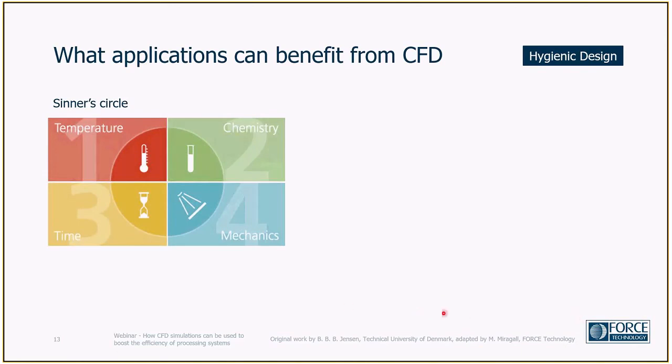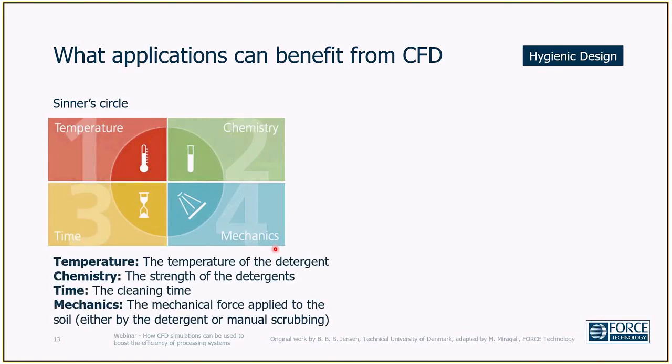The Sinner circle is just a model which describes the variables involved in a cleaning process, where the temperature is the temperature of the detergent, the chemistry is the strength of the detergent, then there is the cleaning time, and finally we have the mechanical force applied to the soil, either by the detergent or by scrubbing manually.